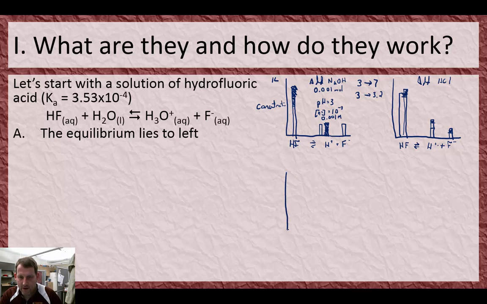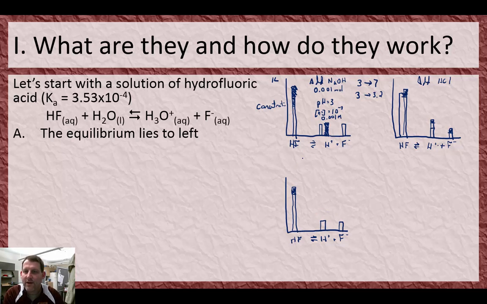So if we come down here and take another look, let's go back to our initial situation where we had a big concentration of HF, and then we had H+ and F-, and a little bit of it breaks off, creating a little H+ and a little F-.